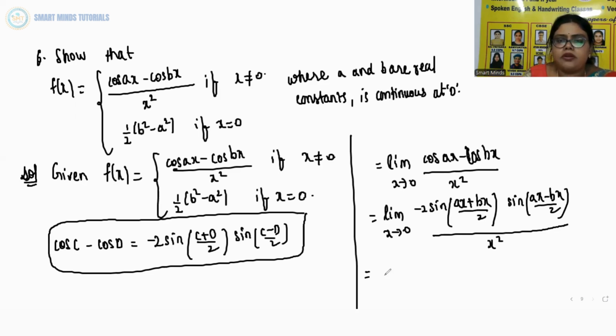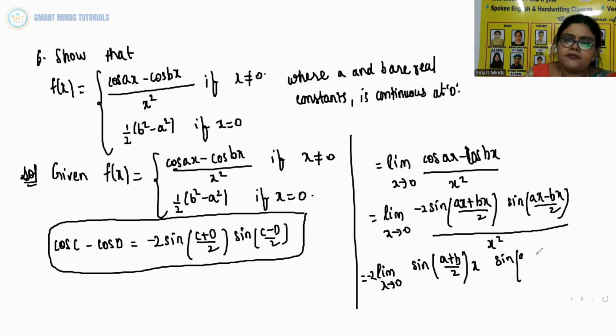So that is equal to limit x tends to 0. Minus 2 we will take out because minus 2 is a constant. So that is minus 2. Now from both the brackets we will take x common. So we get sine of (a plus b) by 2 into x, sine of (a minus b) by 2 into x. Over here we write by x. Over here we write by x.